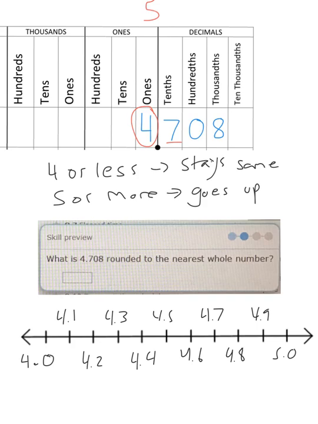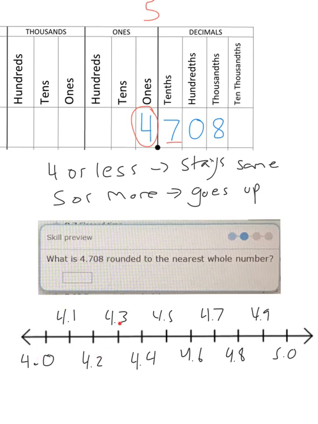This one actually I quite like because it reinforces down here, if you look at the number line, that the rest of those numbers are kind of irrelevant when we're talking about rounding to a whole number. I haven't even included them in the number line. The whole numbers close to 4.708 are 4 and 5. 4 and 708 thousandths is between whole number 4 and whole number 5.